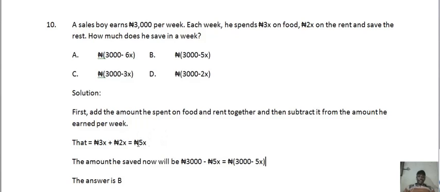Then we subtract it from the total amount he earned per week, so the amount he saved will be 3,000 naira minus 5x naira. This is the final answer. You can see that we factorized with naira because naira is common to both of them. So it will be 3,000 naira minus 5x, which is the final answer. From the options, you can see that the final answer is B.